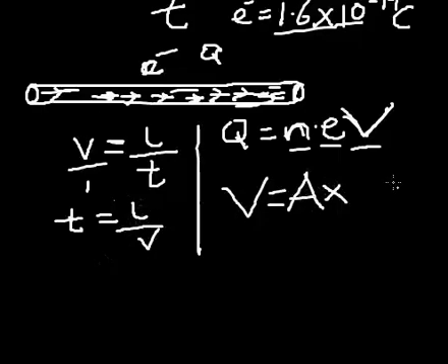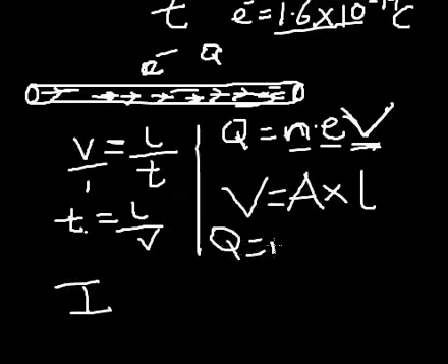So area times the length, that is volume. So I'm going to put all this in now. From here I can simply say Q is equal to nE in place of volume.